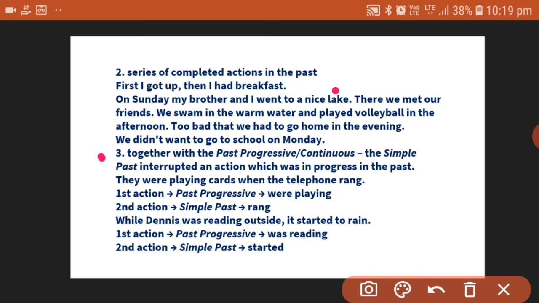But Dennis was reading outside. The starting is done, but the reading continues. And it means the second action is in simple past, where we have used started, the past form of start. The first action is in past progressive, or you can say past continuous tense, was reading.